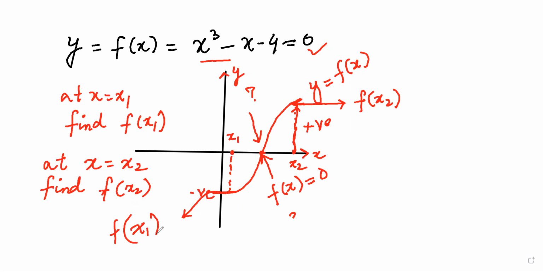Bolzano says that the values of f of x1 and f of x2 should be in opposite directions. If f of x1 is negative, f of x2 has to be positive. So once we have guessed x1 and x2, obtained f of x1 and f of x2, and made sure their signs are opposite, then this is your solution interval.